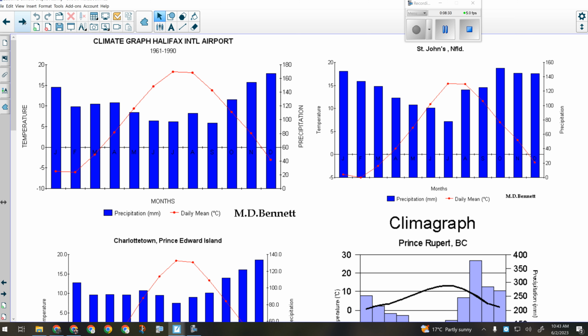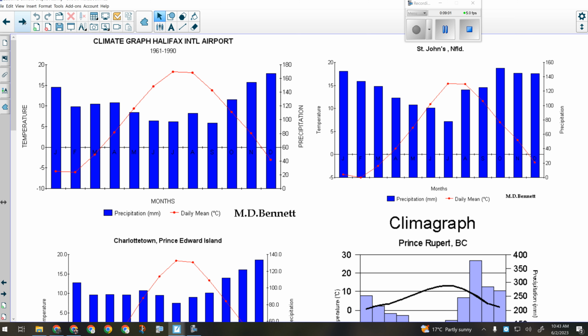Now look at where they're from. One's Halifax, one's St. John's, Newfoundland. Do those two places have pretty similar climates for the same reasons? Yeah, they're both on the Atlantic coast. So are the factors that affect their climate going to be very similar? They're both pretty far from the equator. They're both at sea level. That's latitude and altitude taken care of right there.